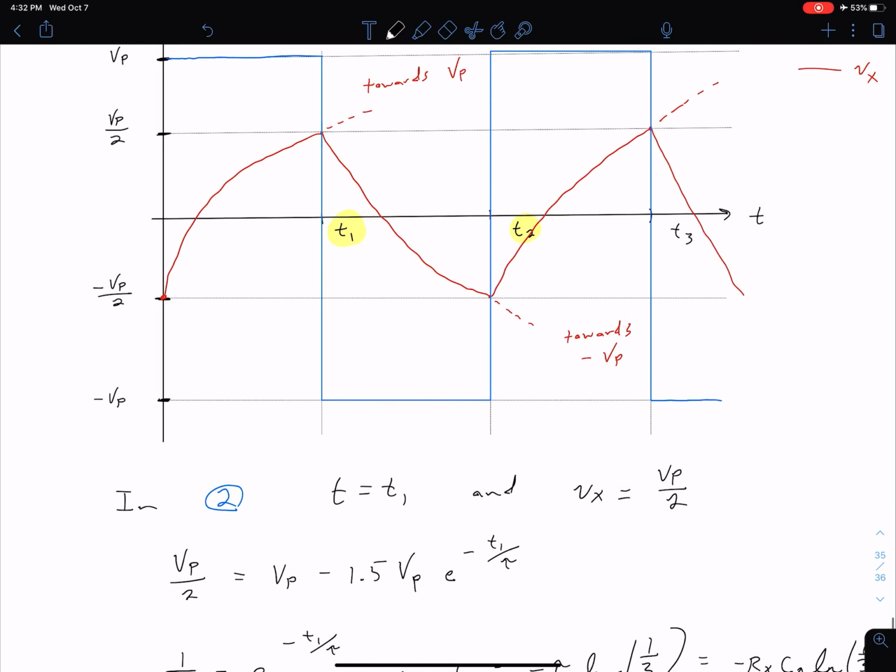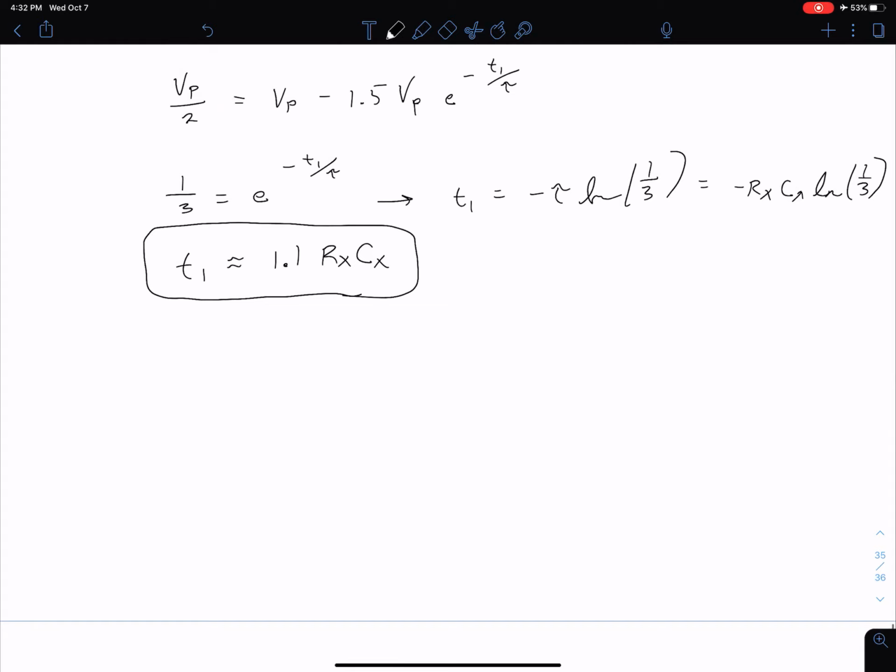So now let's do similar analysis. I'm not going to show all the details this time, but if we do similar analysis to figure out the distance between T1 and T2, so we can say T equals T2 and Vx equals negative Vp over 2.